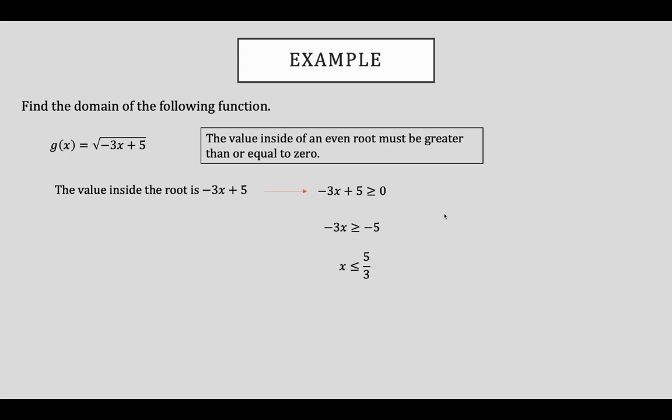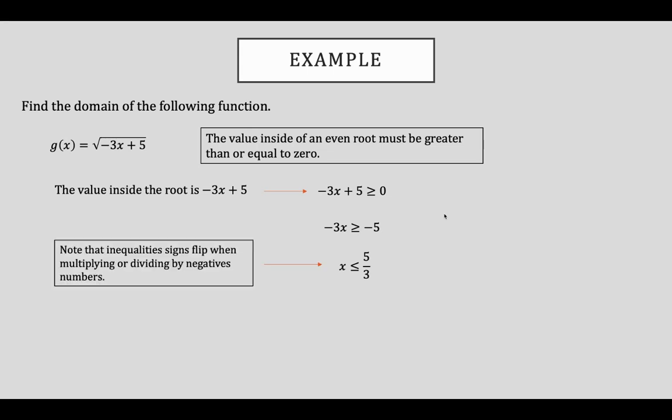In other words, this leaves us with x is less than or equal to 5/3. This tells us our domain right here. Okay, again, note that the inequality sign flips when multiplying or dividing by negative numbers. Our domain, all real values of x, x is less than or equal to 5/3.